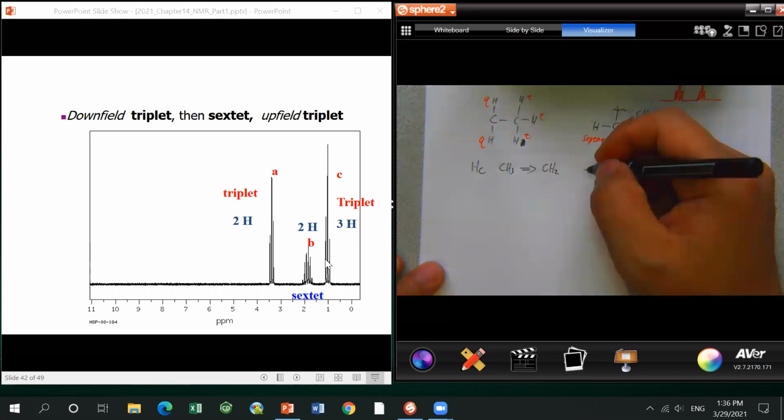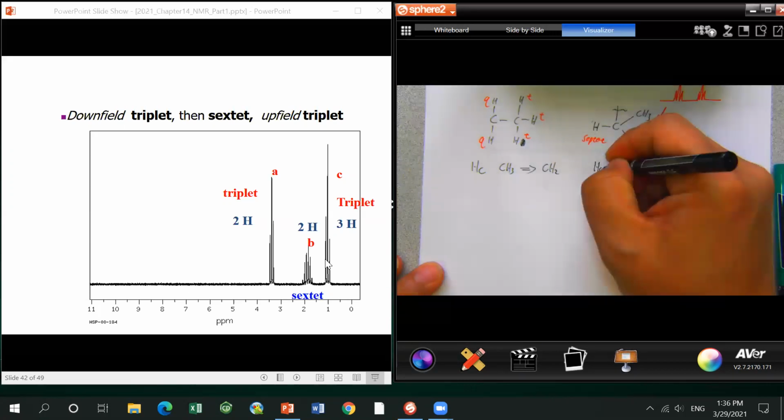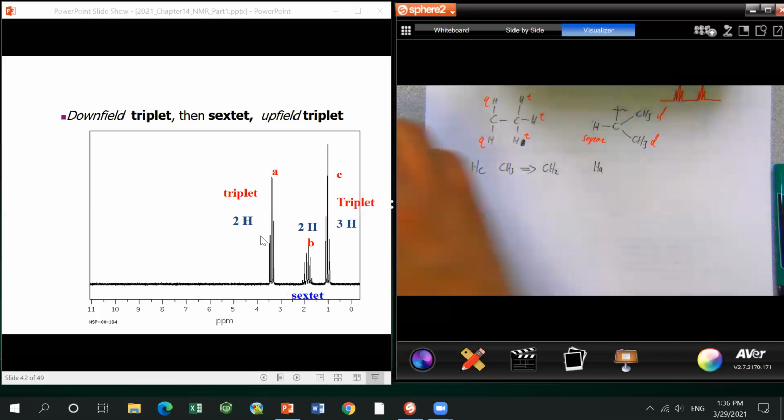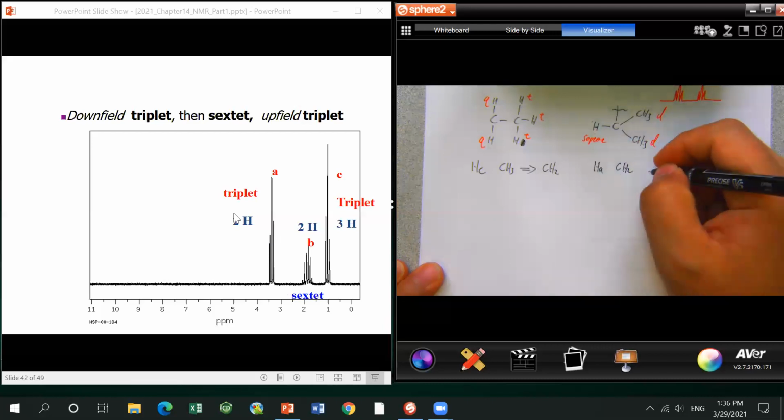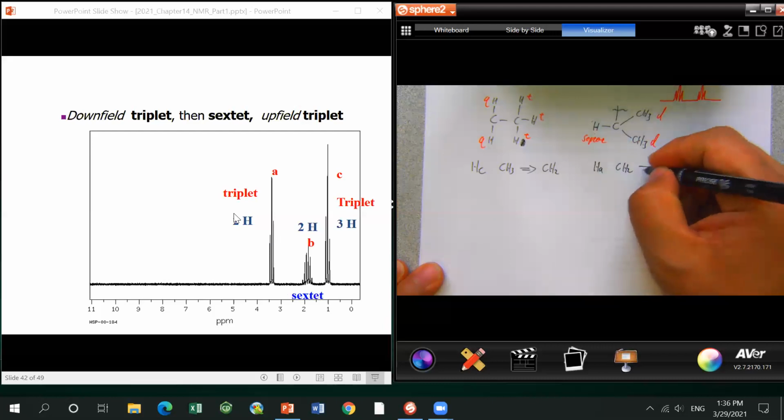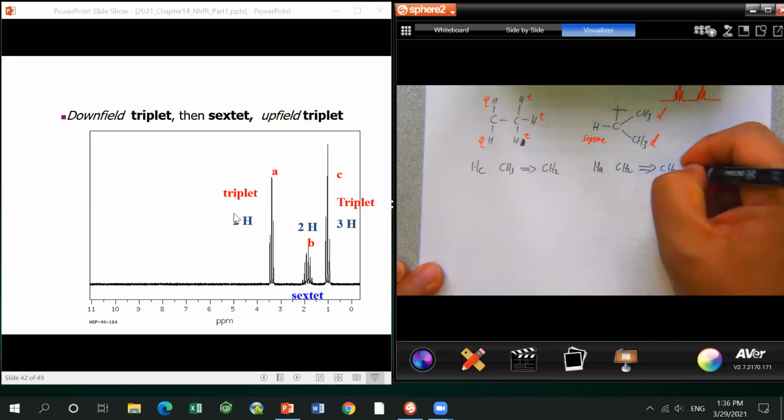Similarly, we look at HA. HA is also a triplet, so HA is 2 protons, very likely a CH2. A triplet means another CH2 is bound to it.